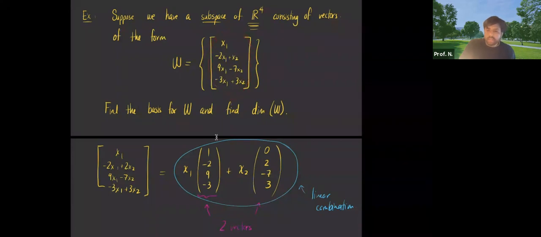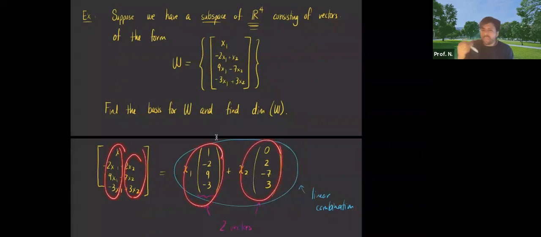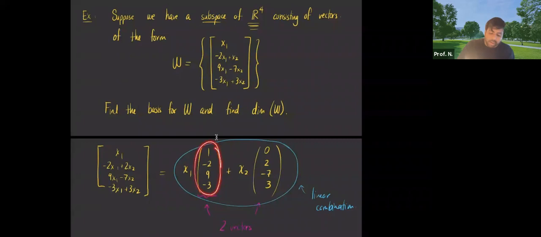This is a subspace. Now, when I separate this format of the vector, the way it's represented, in terms of x1s and x2s, what do I get? Don't I get two vectors? I get this vector here being multiplied by x1, and I get this vector here multiplied by x2.